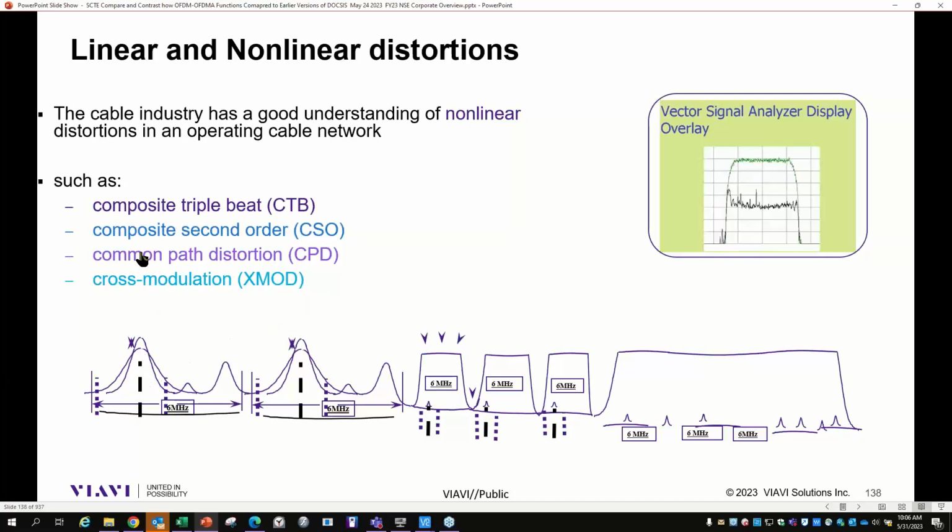So if you have this carrier that goes up in level for whatever reason, the head end loses control of this carrier, what happens is the energy of this carrier is literally seen by this. So if you were to watch a TV program in an old analog, you would see the program of this channel, and you would see the program of this channel implemented on this carrier. So you would see a ghosting of this program on the backside of this particular program itself. And that's what we call cross modulation.